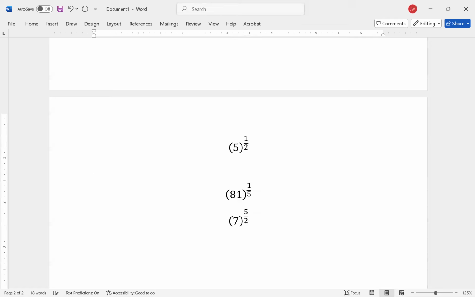Here, I have a couple of different options. Usually, what I do is I just do 5 raised to the 1/2 power, making sure that the 1/2 is actually in the exponent. An exact answer would be the square root of 5, but the square root of 5 is actually an irrational number.